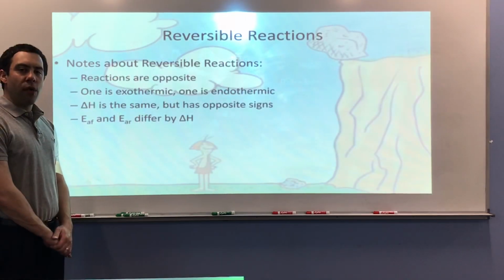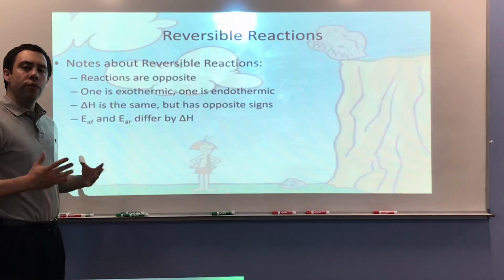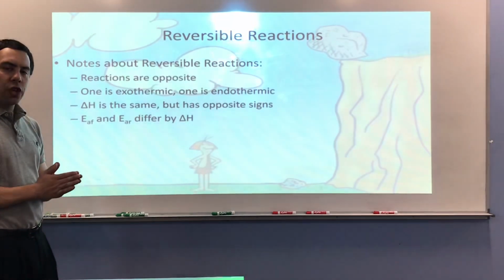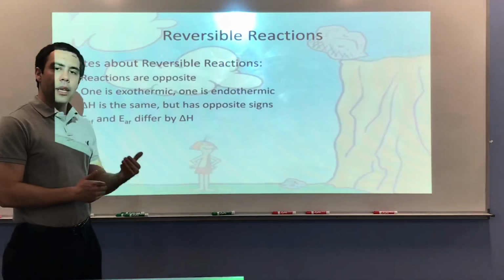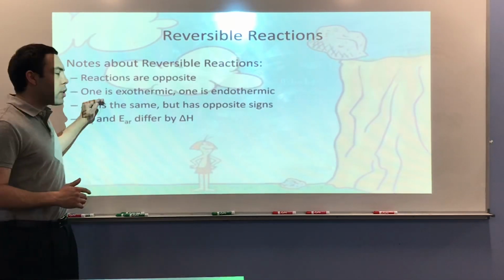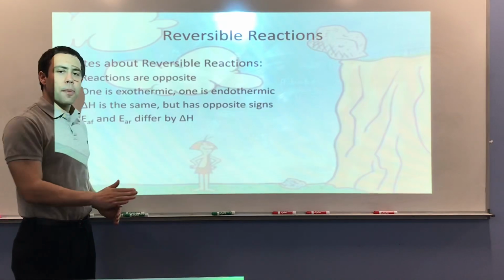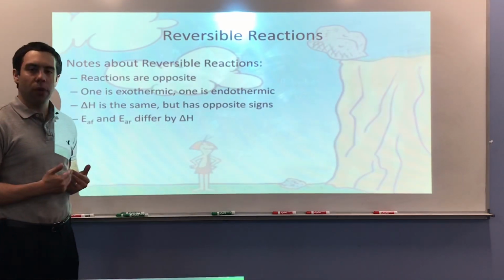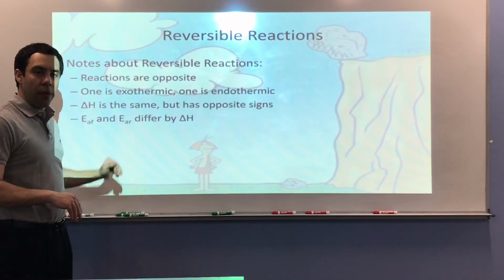Here are some notes about reversible chemical reactions. Remember, in a reversible chemical reaction, the forward reaction is going to be opposite of the reverse reaction. Like in our last example, the forward reaction was an exothermic reaction. The reverse reaction was an endothermic reaction, opposites of each other.